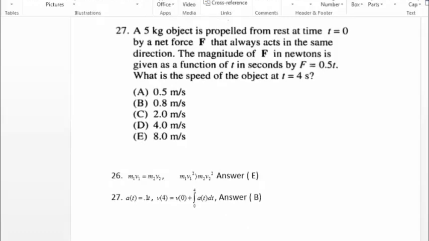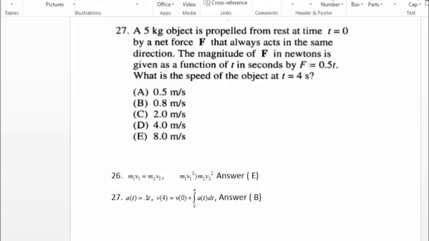Okay. Now a 5 kilogram object is propelled from rest at time t equal to 0 by a net force F that always acts in the same direction. The magnitude of F in newtons is given as a function of t in seconds by F is equal to 0.5 t. What is the speed of the object at t equal to 4 seconds?